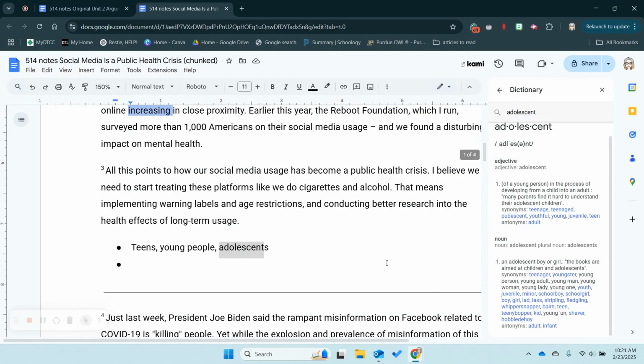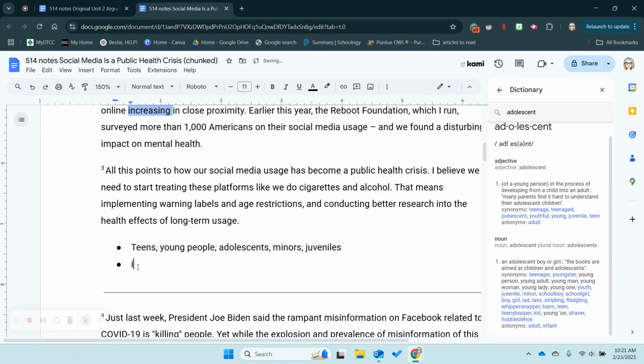I'd like to use one of those because they're fun words. Juveniles, maybe. Youngsters, minors. We could maybe put minors. Juveniles. But we don't want to use anything that's going to sound awkward. So if we have to use a word that she uses, that's fine. Because remember, we're also going to switch up the order of ideas in a sentence.